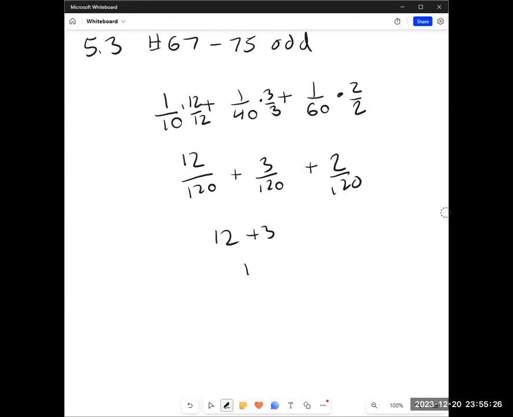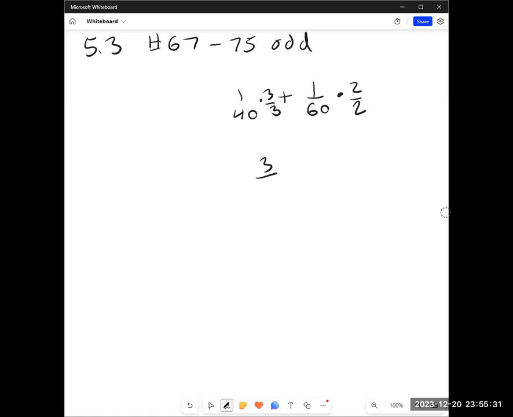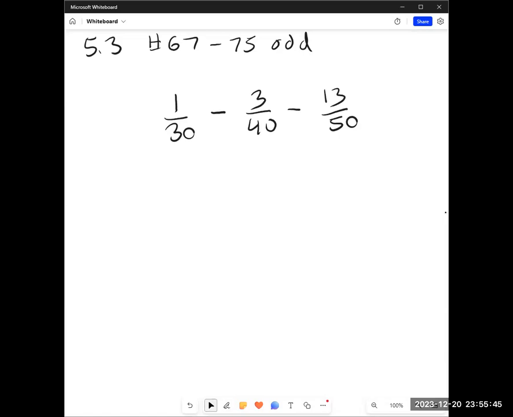Last but not least, we'll do some subtraction here. Very similar process. 1 over 30 minus 3 over 40 minus 13 over 50. Let's go ahead and use factor trees here to find my LCD.